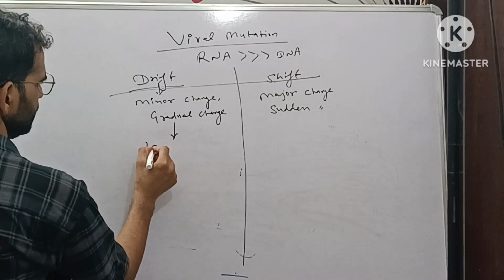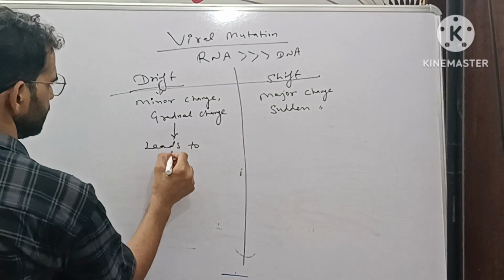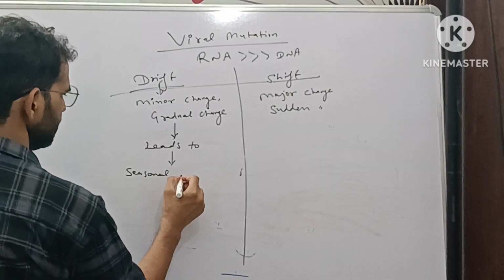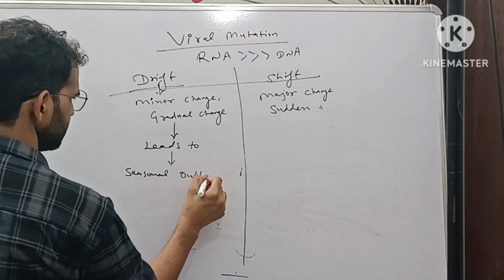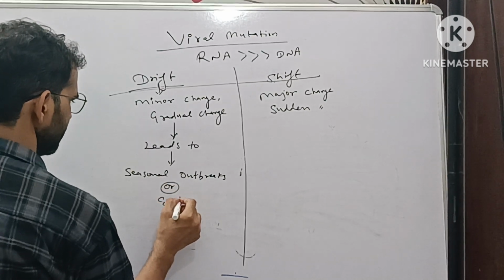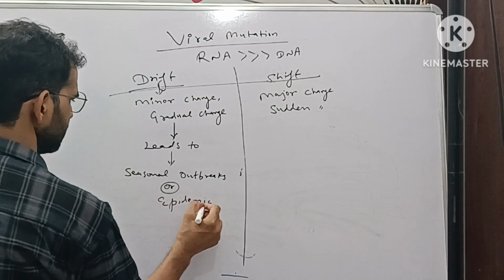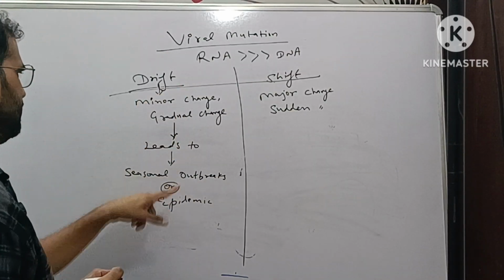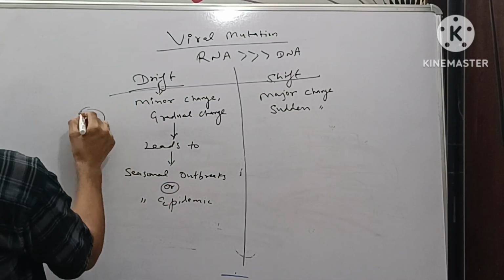It leads to seasonal outbreaks, or it may lead to seasonal epidemics. This is the result of the minor change.